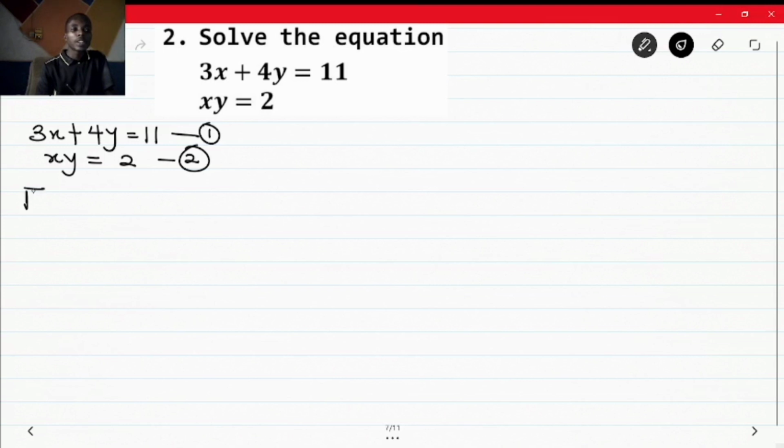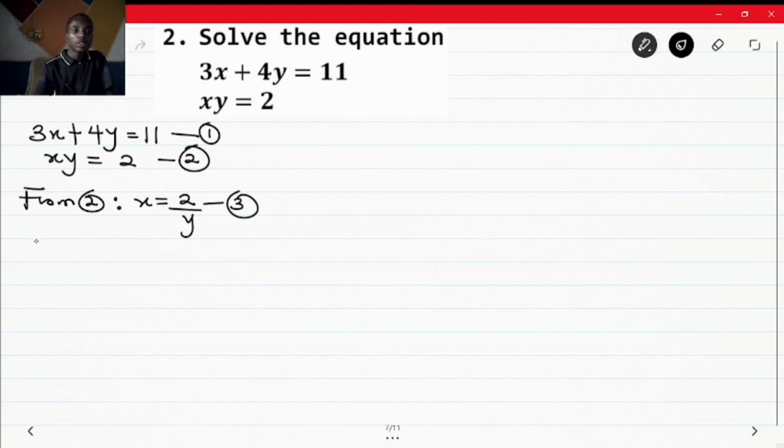So I will say from equation 2 I have x equals 2 over y. What I did was to divide both sides by y, then I got that. So I move on. This is my equation 3.